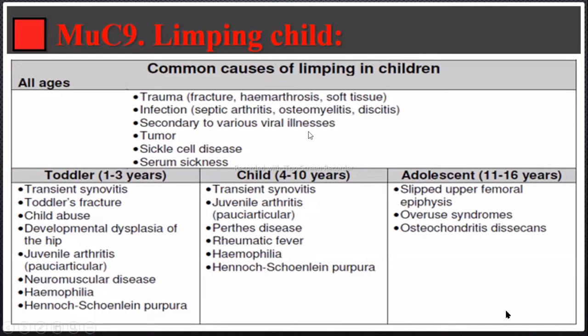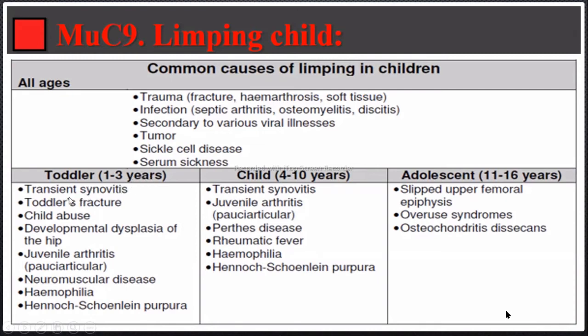Also if the child is 1 to 3, maybe tenosynovitis. Tumor. Sickle cell disease: if the patient has sickle cell disease and he has limping or pain, it's a crisis. Serum sickness.